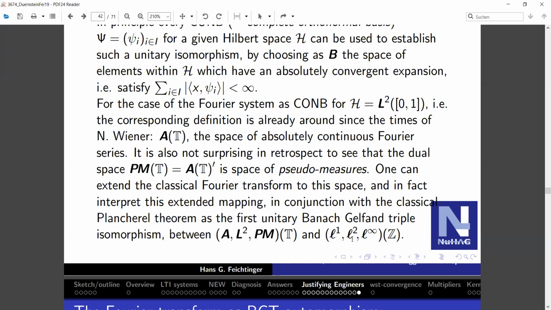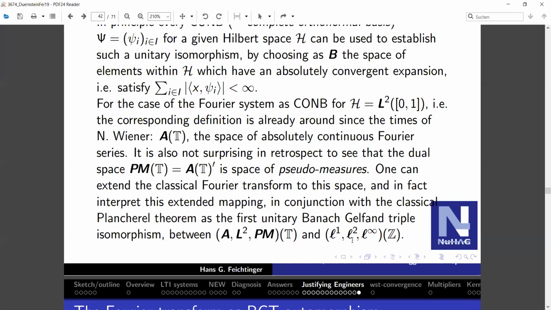Now, it was again Wiener who was saying, well, sometimes these convergence issues are too delicate. Let's just take inside of L2 on the torus the absolutely convergent Fourier series. Now, these absolutely convergent Fourier series are exactly those which correspond to L1.